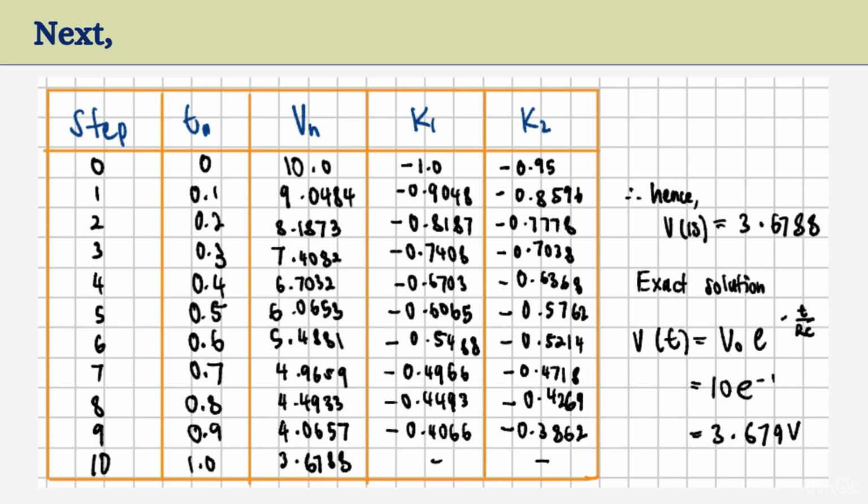So next is the generated table for step 0 till step 10. Hence, we can get the V at 1 second, which is equal to 3.678. But the exact solution is V(t) equals 3.679.